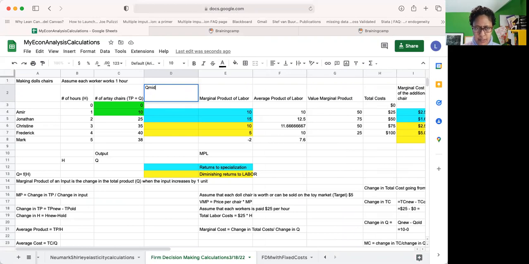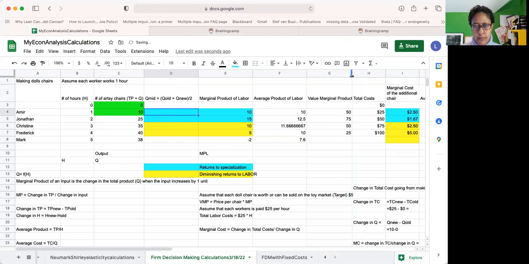We're going to plot our marginal cost, our cost over this range, at the midpoint or the average. So it's going to be my old Q plus new Q divided by 2. That's going to be my average. And so I'm using 0 and 10 to calculate my marginal cost over here.